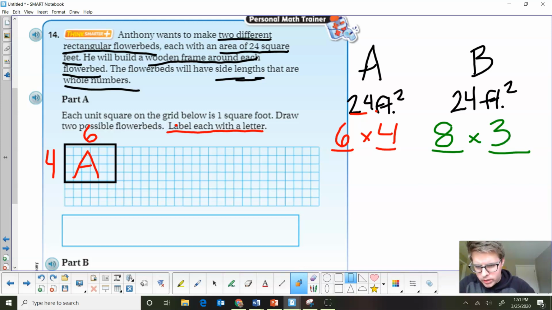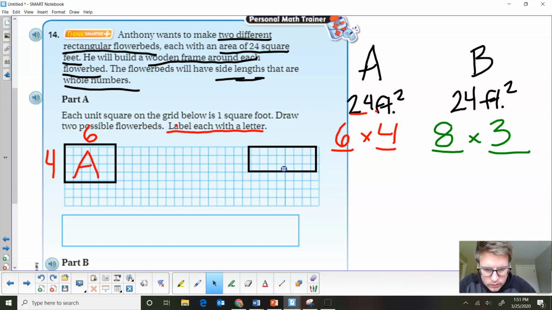I'm going to draw mine over on this side. Oh, sugar plums. That's what I get for trying to be special. 1, 2, 3 down by 2, 4, 6, 8. Gosh, these are tiny. So that should be 3 by 8, if I counted right. Hopefully I did. 3 by 8.